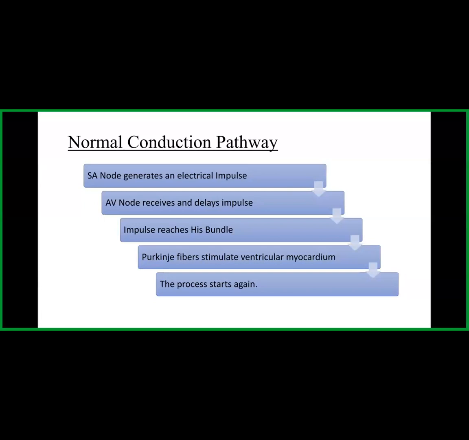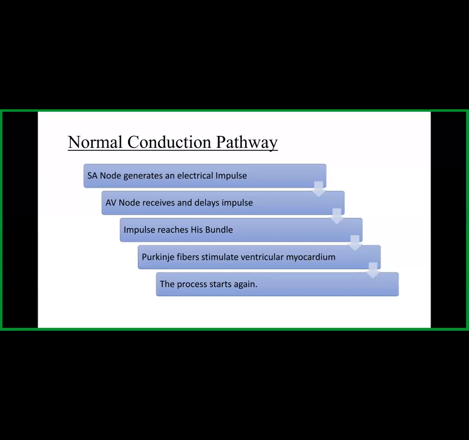This delay occurs in order to allow sufficient time to complete the atrial depolarization that is occurring as the impulse travels through the atria. This contraction happens before ventricular depolarization and contraction can occur. So first of all, the atria will contract before the ventricles do. This is why the impulse has to be delayed as it reaches the AV node.